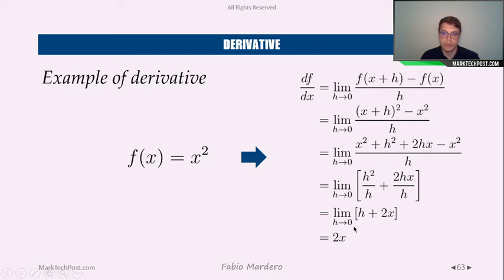But h here is free to approach 0, so it can be 0. Then we get that the derivative of f with respect to x, whatever x is, will be equal to 2x.